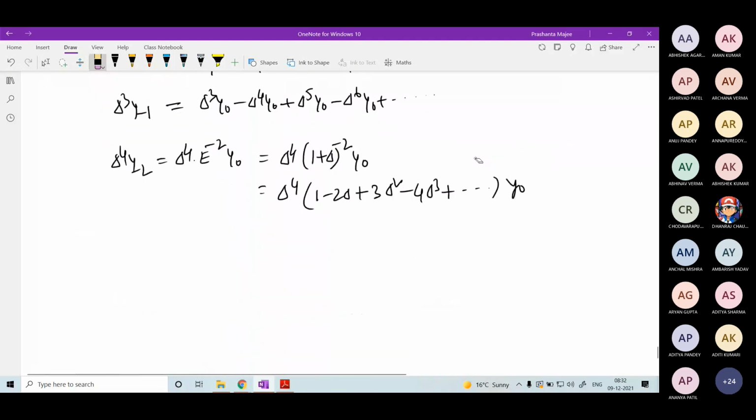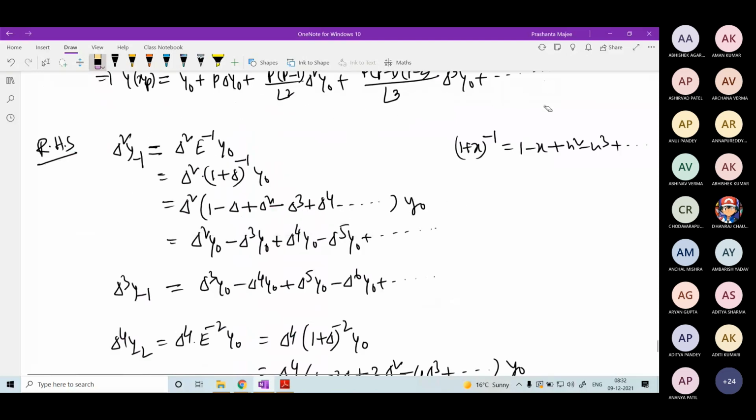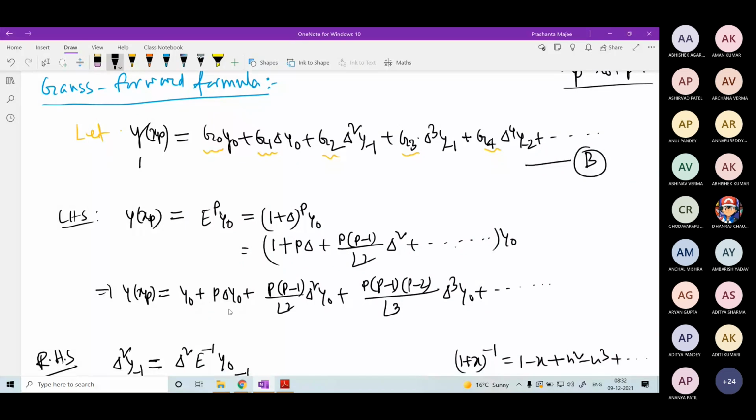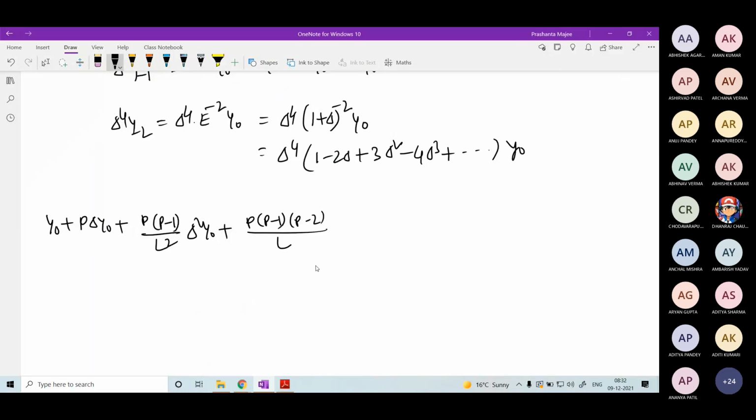So let us write the left hand side together. If you call this expression b, then from b, on the left hand side you have y naught plus p delta y naught plus p into p minus 1 by factorial 2 del square y naught, p into p minus 1 into p minus 2 by factorial 3 del cube y naught, and so on.